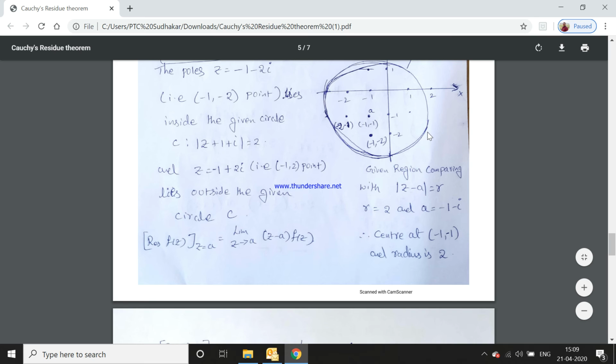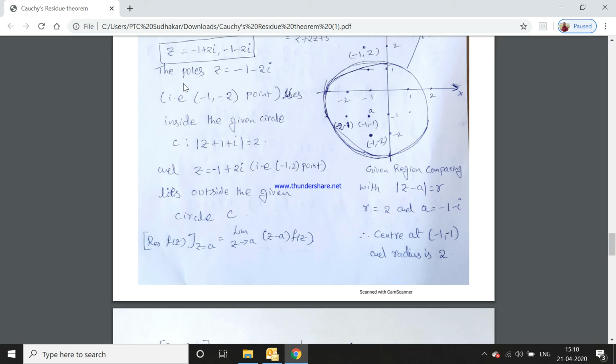So in this circle region, minus 1 comma minus 1 is the center, and for the poles we are getting, we have to check whether they are inside or not. That is, does the pole z is equal to minus 1 minus 2i, that is the point minus 1 comma minus 2, lie inside the given circle mod z plus 1 plus i equal to 2.